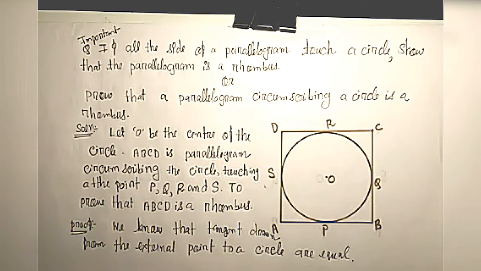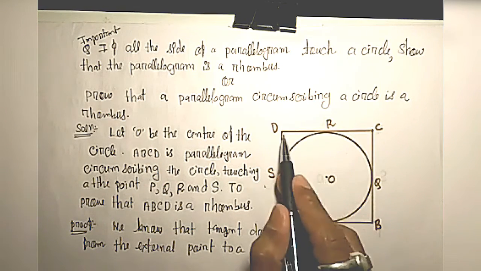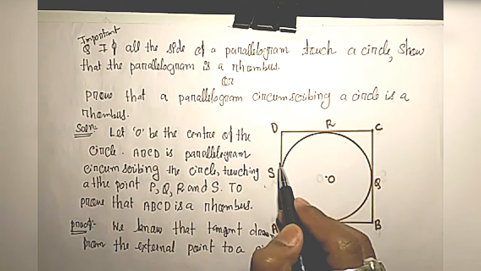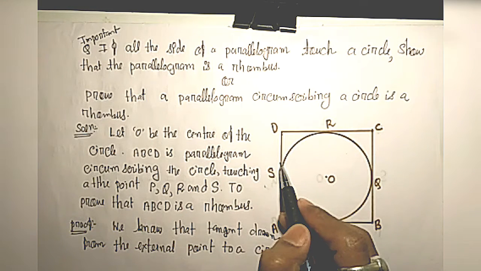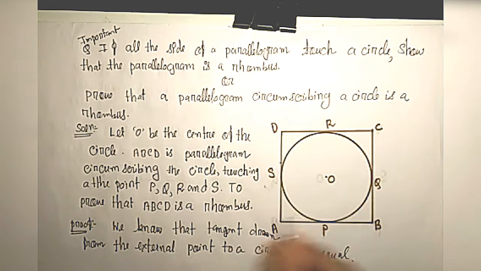Here DR and DS are the two tangents drawn from the external point D, so their lengths should be equal.